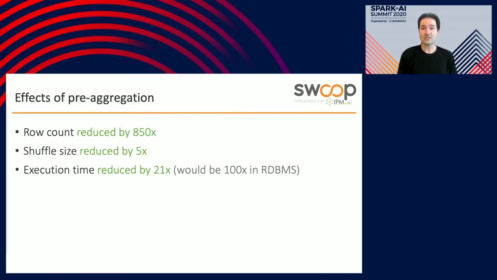And the combination of the two is that we run in Spark 20 times faster. Now, if that final query ran on a traditional relational database system that's designed for high interactive query response times, so high throughput, it would be a sub-second query because there's so little data to process.